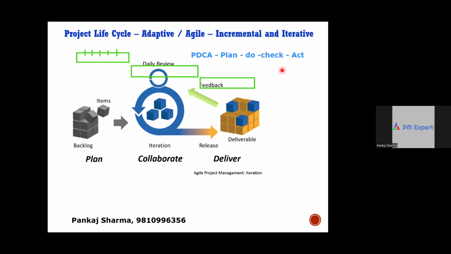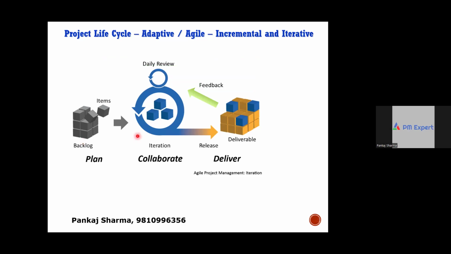Hybrid is a scenario where, in a single project, we have a combination of predictive and adaptive. We can have predictive, incremental, and agile together. Can we see some examples of hybrid? Because PMI will cover all of them, there will be questions on hybrid in the PMP exam.